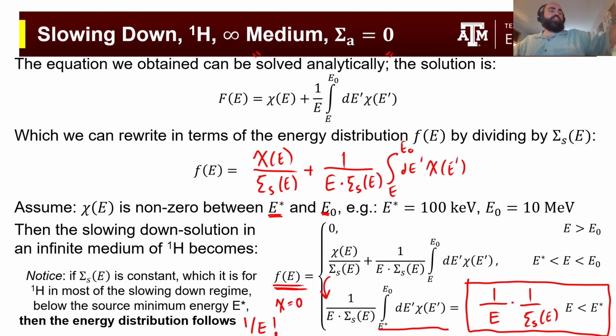So that's what I wanted us to see in terms of going through the math of solving the slowing down problem for hydrogen in an infinite medium with no absorption.